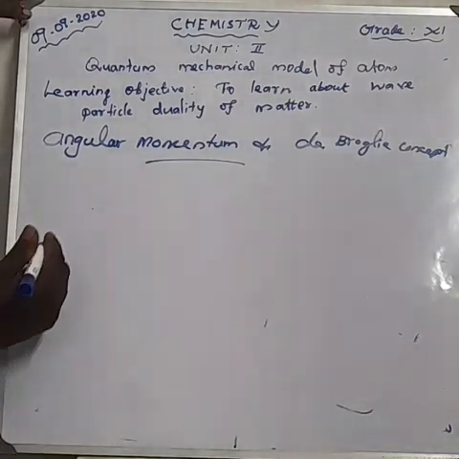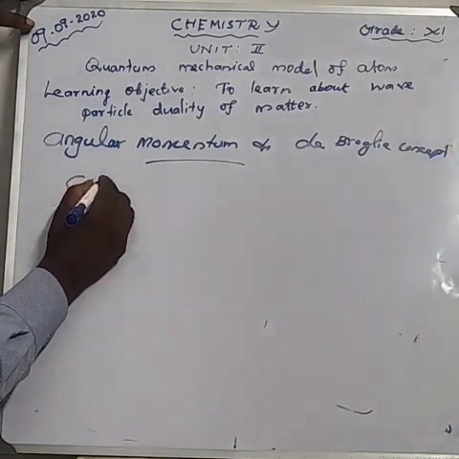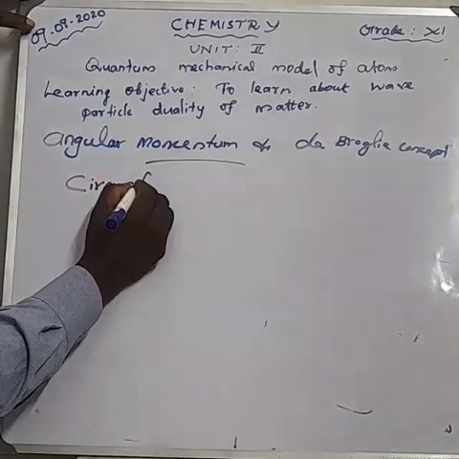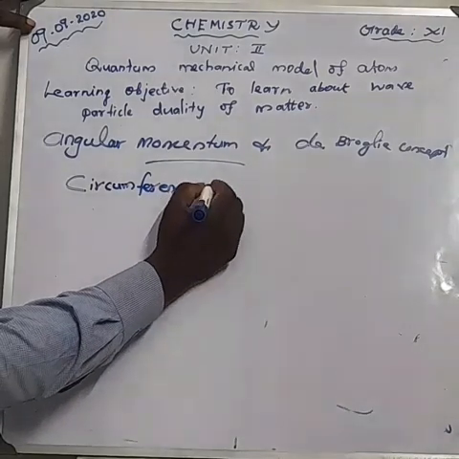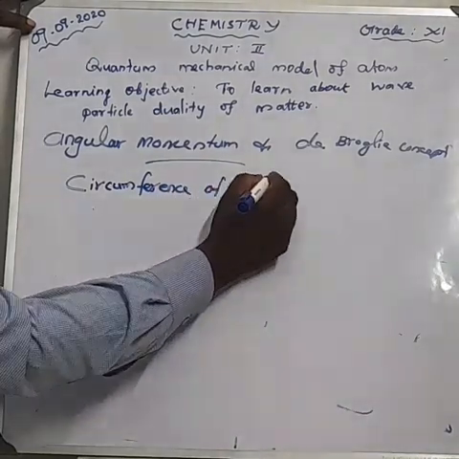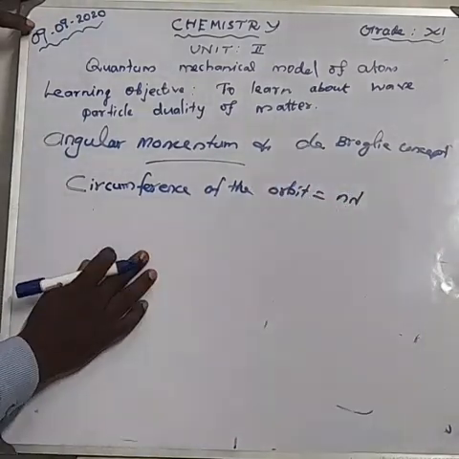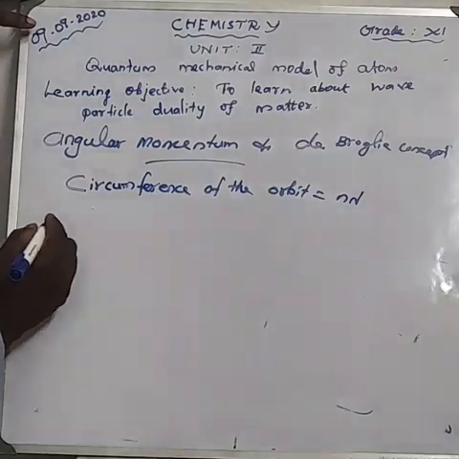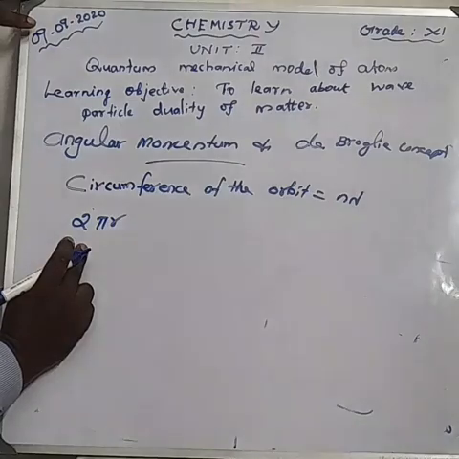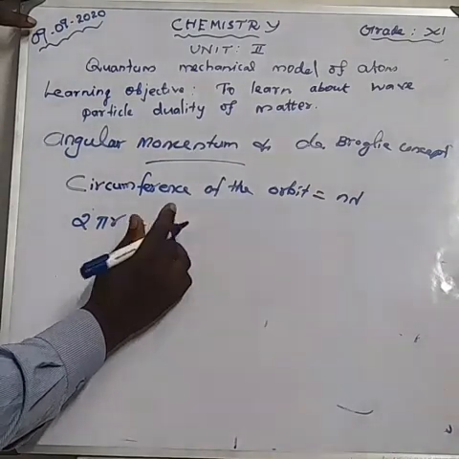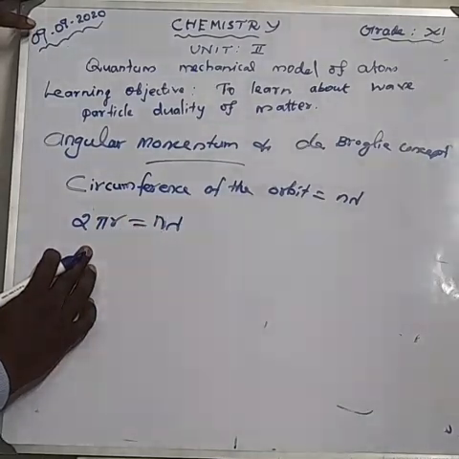That means the circumference of the orbit is equal to n lambda. That is the formula. Here 2 pi r is equal to n lambda. 2 pi r is equal to what? n lambda.